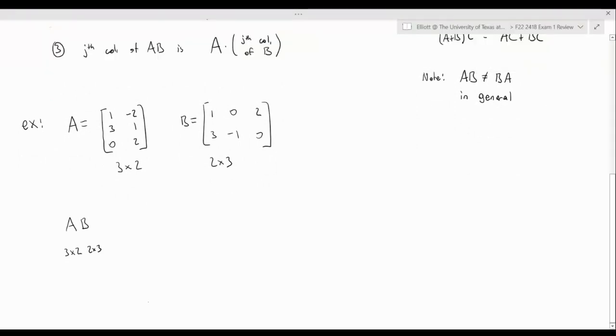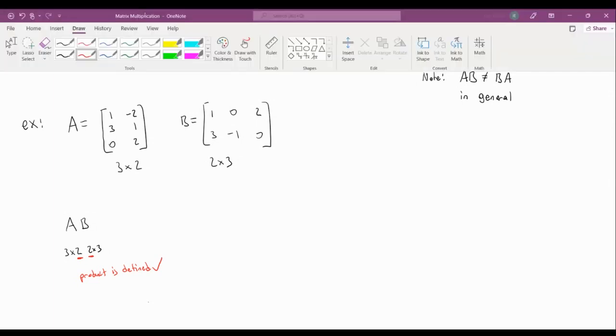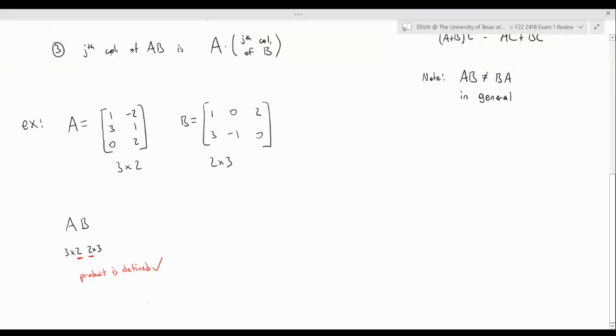First, because these numbers match up, that means the product is defined. Then these two numbers tell us what the size of the product will be.